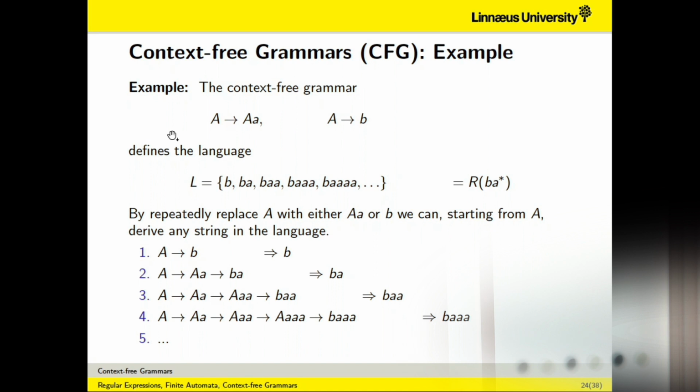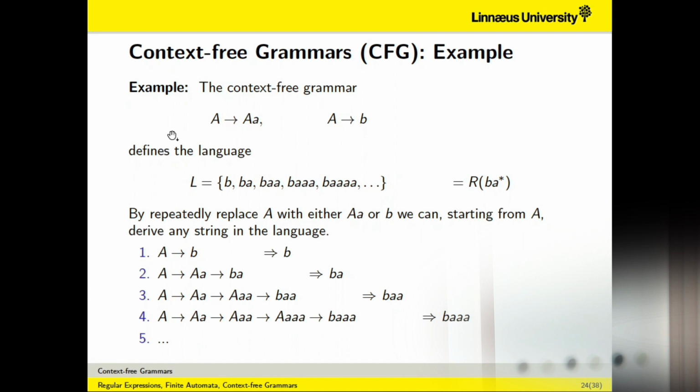In context-free grammars, like in regular expressions, we have symbols. Here we have symbols as well, but we divide the symbols into two different types: terminals and non-terminals. The terminal means the basic alphabet, and then we also have a helping symbol.